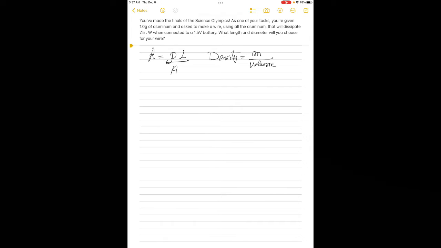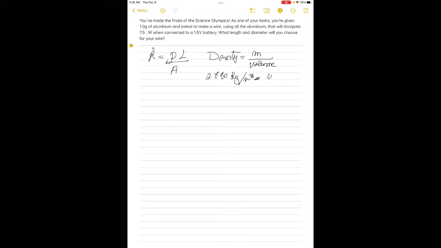Okay, so let's do it here. The density of aluminium is 2710 kilogram per meter cube, equal to 1 gram. We're just going to convert. For this formula, it's better to stay with the kilogram.